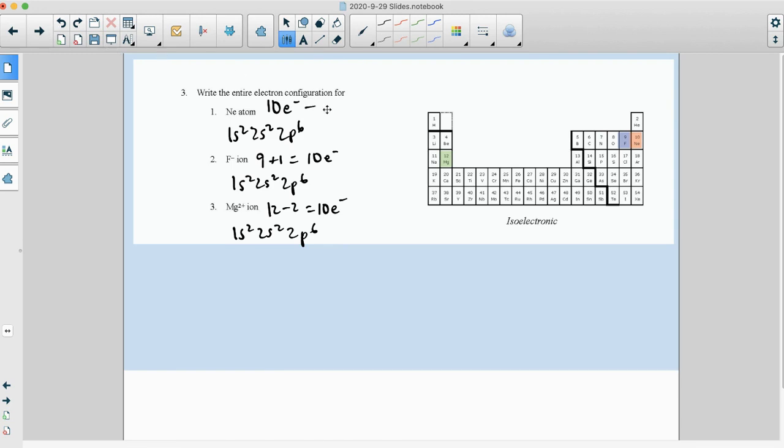When we have these, okay, these are the same number of electrons. We have something called isoelectronic particles or series. Okay, so these 3 species are called isoelectronic to each other.